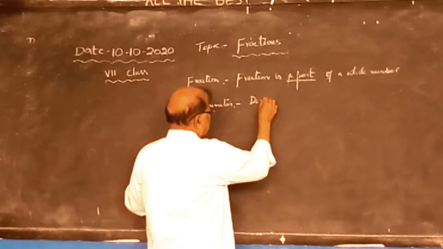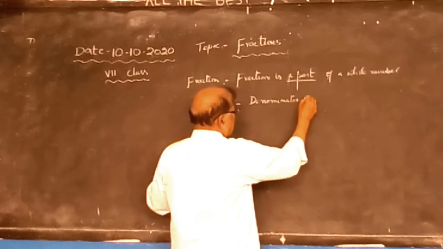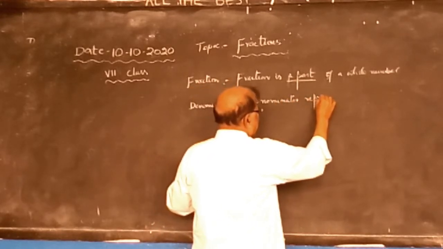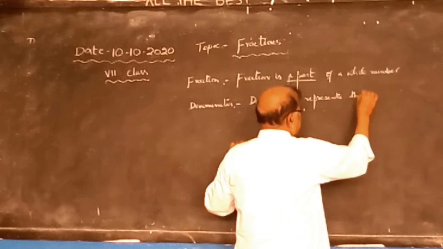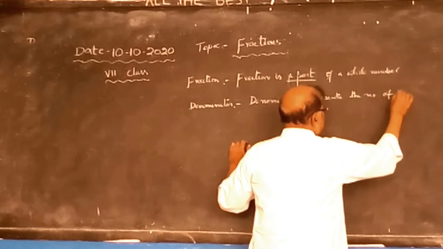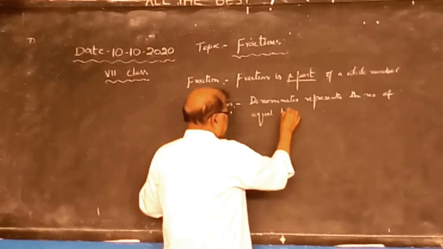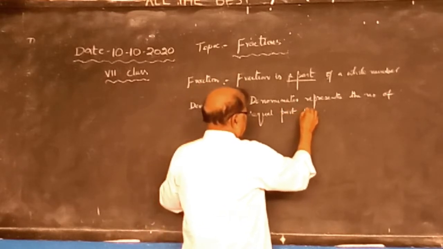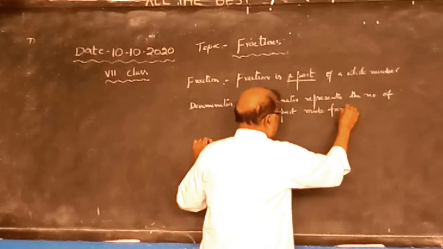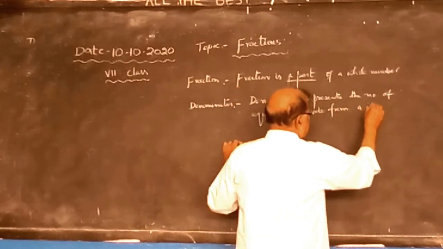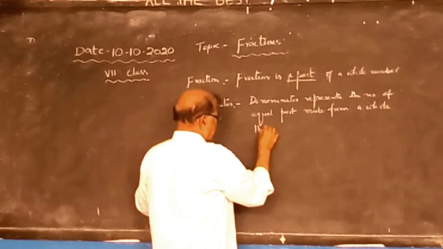Denominator represents the number of equal parts made from a whole thing.